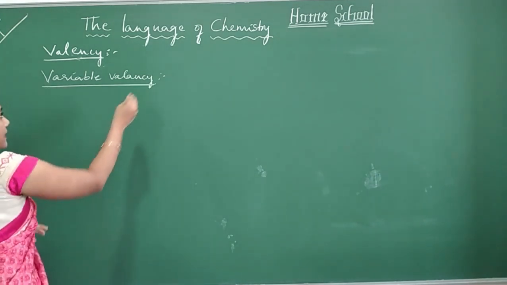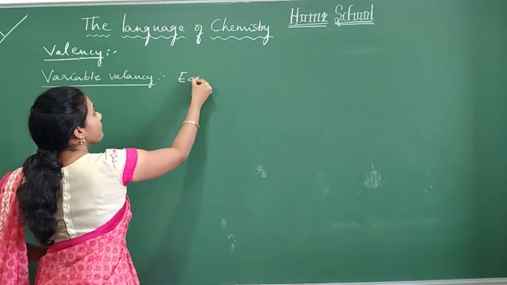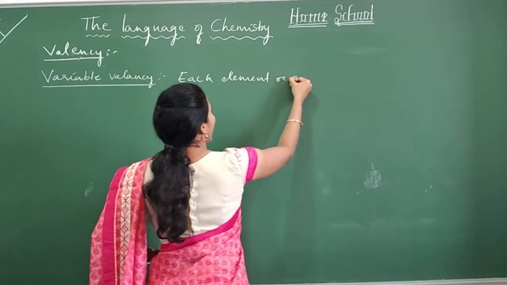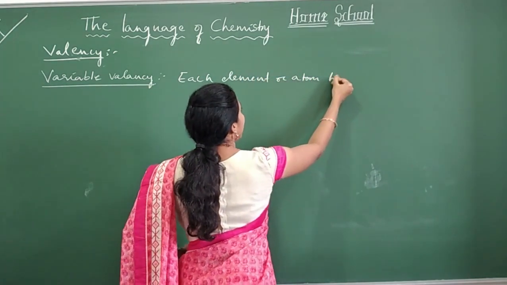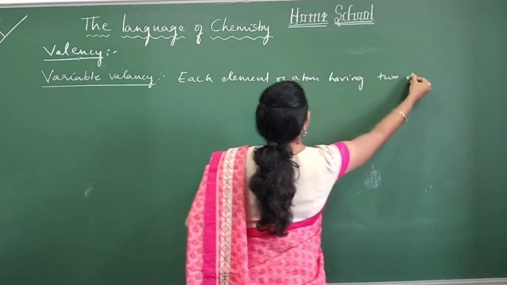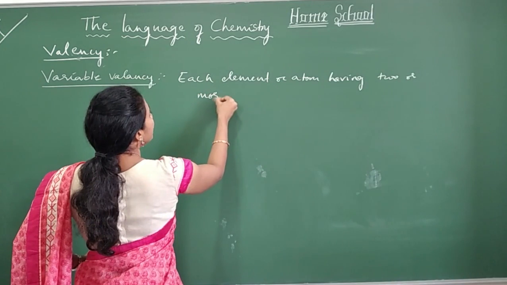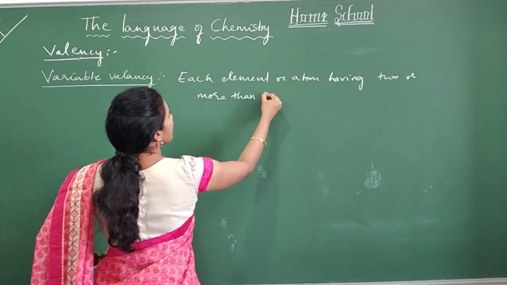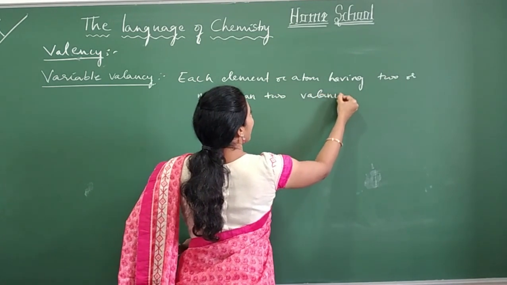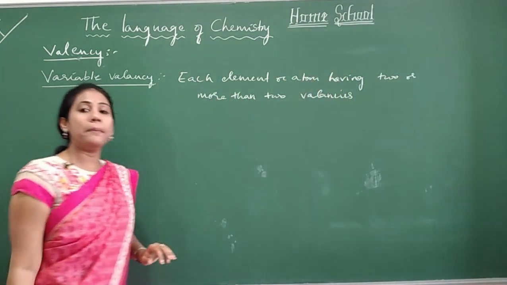Variable valency in the sense each element or atom having two or more than two valencies is called variable valency.